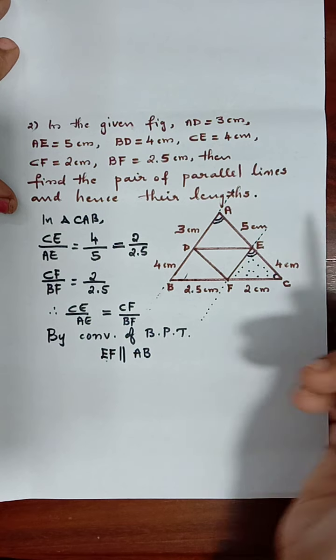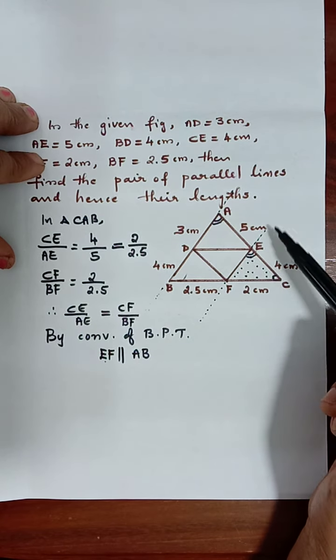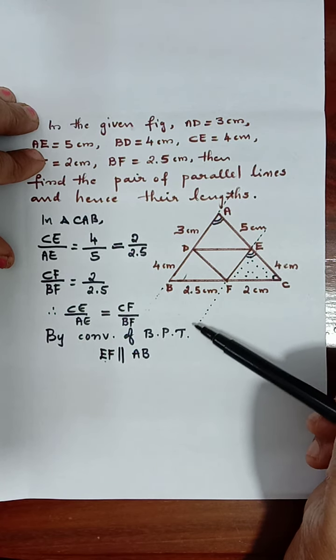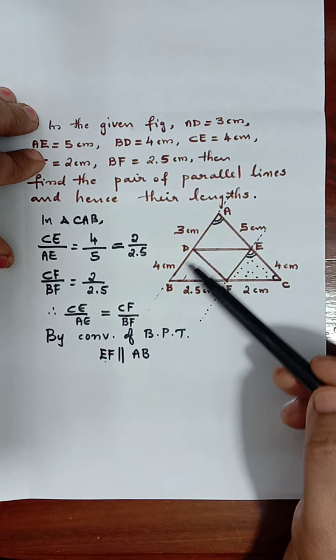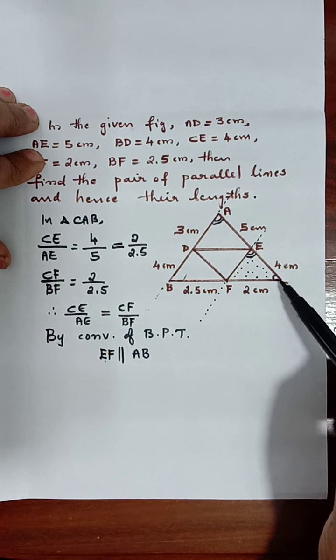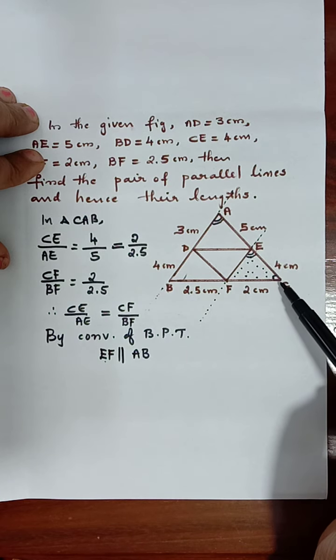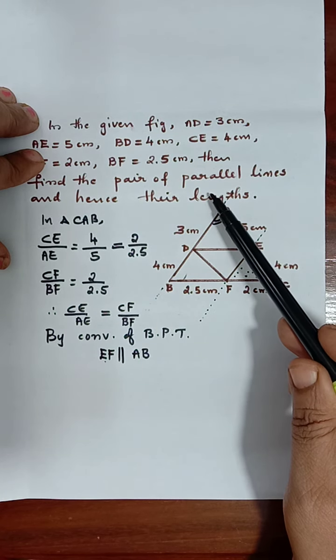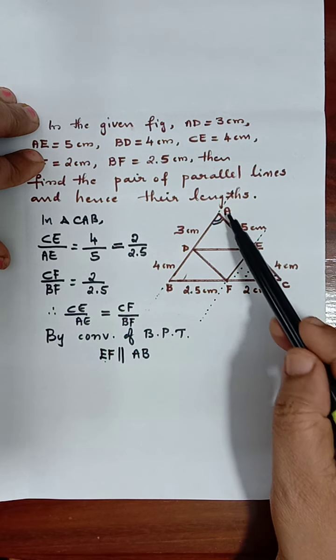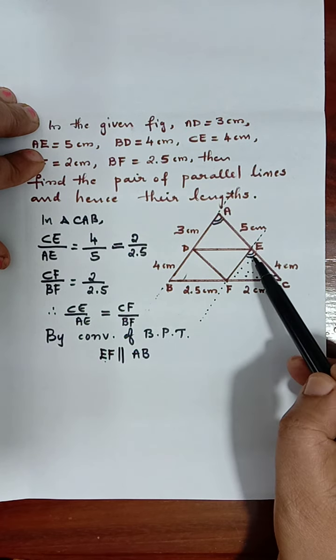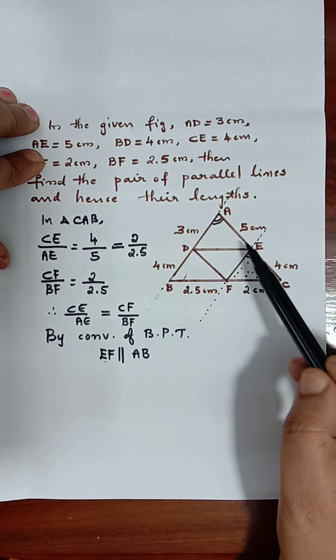Here you can see, children, I have extended the line. EF is parallel to AB. Consider CA as the transversal. So, two lines are parallel and here comes the transversal. Then the corresponding angles are equal.